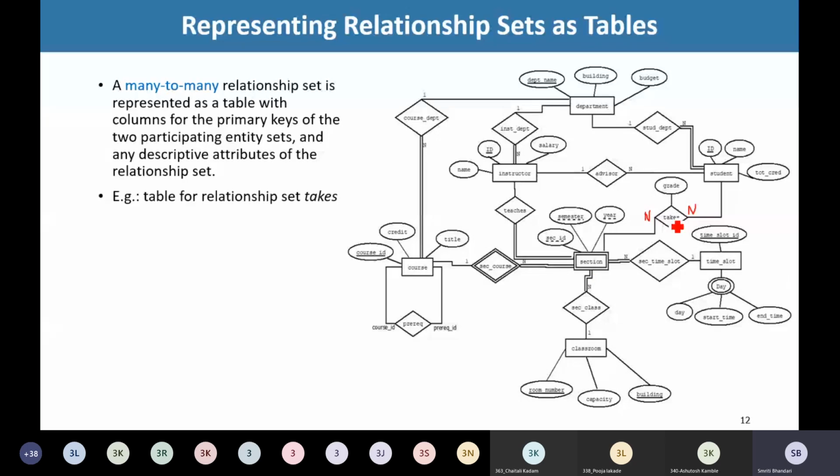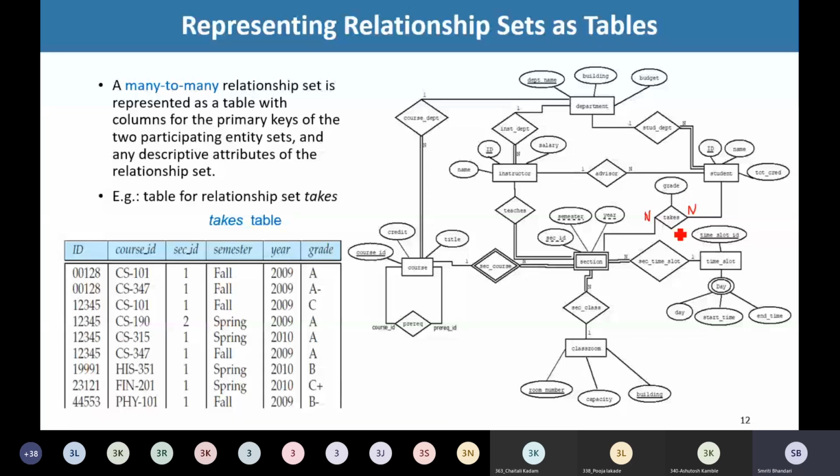So in this table, we will have the primary key of student, the primary key of section, and also the descriptive attribute of that relationship. So my takes table will have the columns like this.